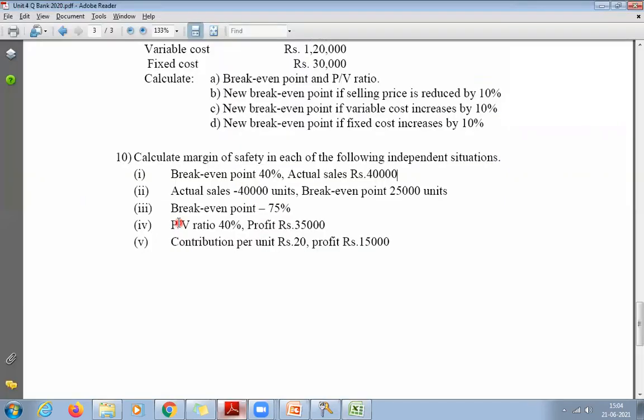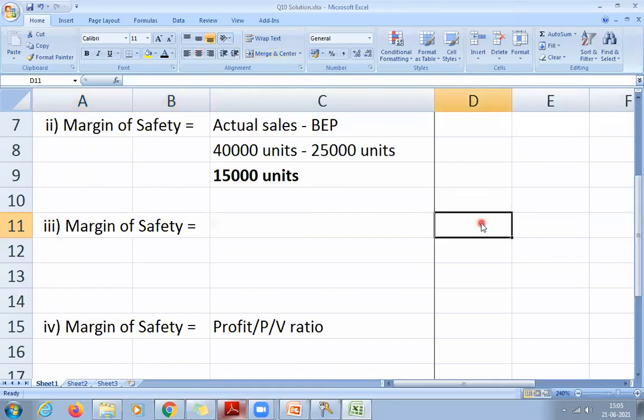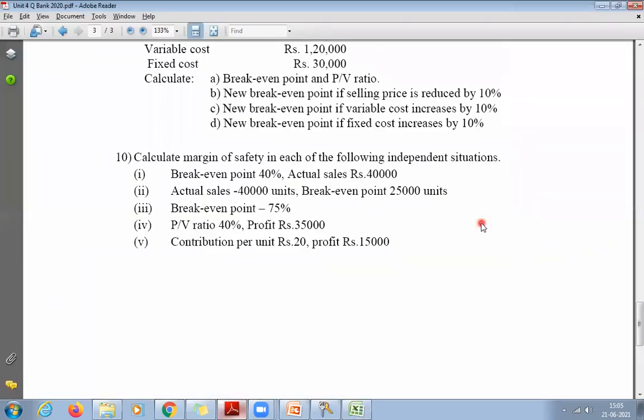Next, the third scenario: break-even point is 75%. How do we calculate the margin of safety? 100 minus 75. You already know the assumption we have used many times: sales will always be 100%.